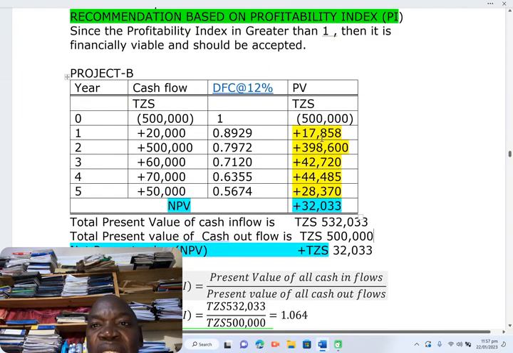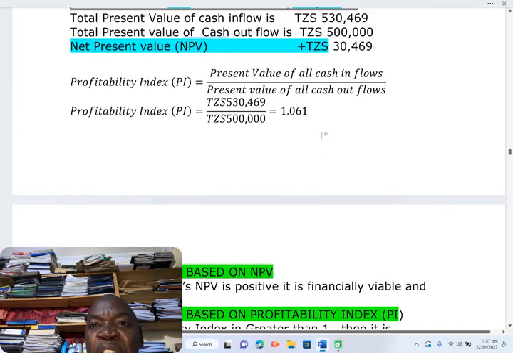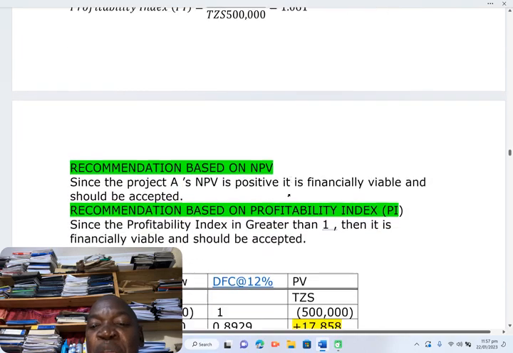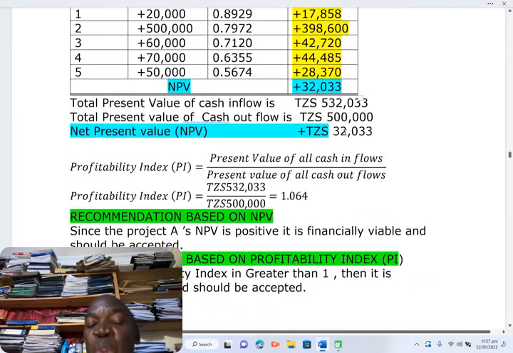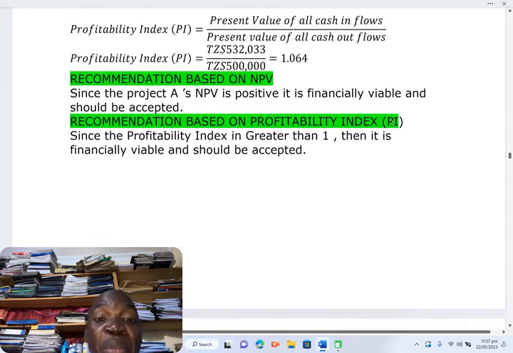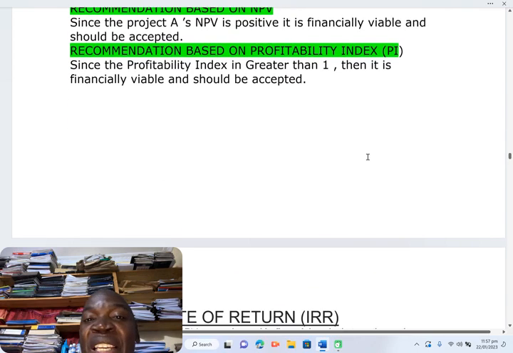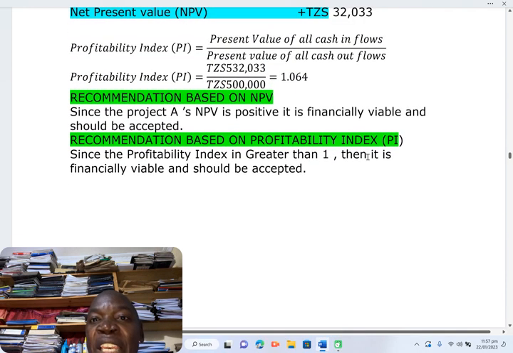Now, once you want to think, the NPV for project A is 30,000. NPV for project B is 32,000. Now, when ranking, project B is more profitable than project A, but both projects are acceptable. Because of limited funds, you have to implement one of these projects.